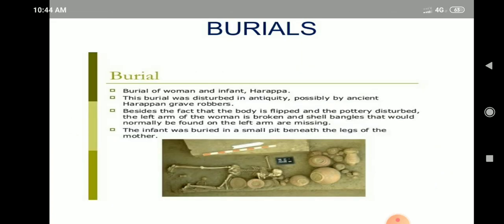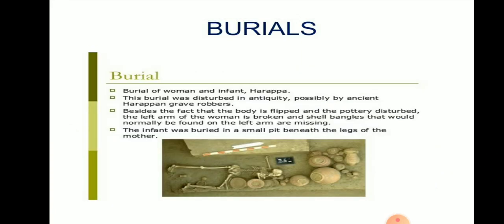Here is one of the pictures to show you what is available in the burial sites. Here is a picture of a woman and an infant, a burial of an infant and woman at the place called Harappa.